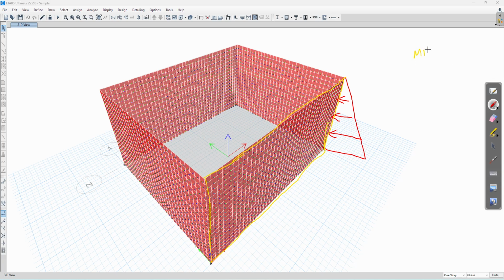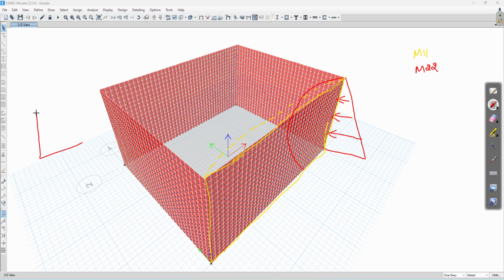First M11, which is horizontal bending. Which means your wall will bend like this. This is horizontal bending. Similarly M22, vertical bending. This will take place like this.